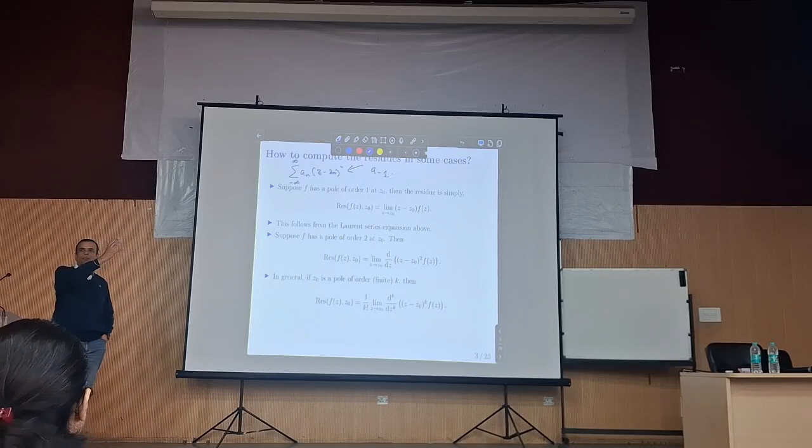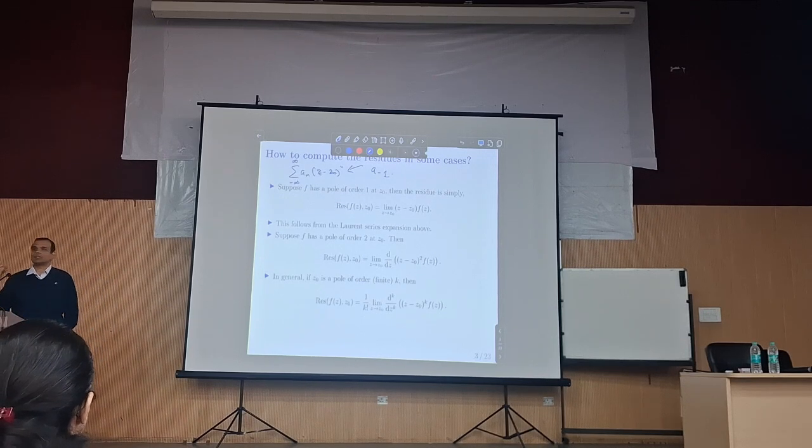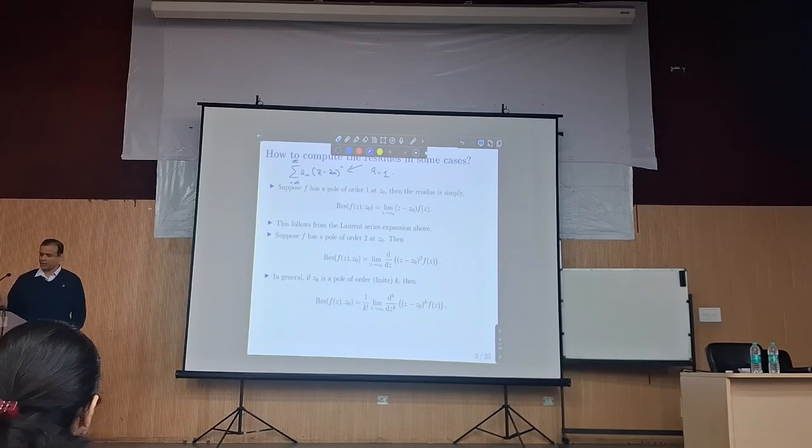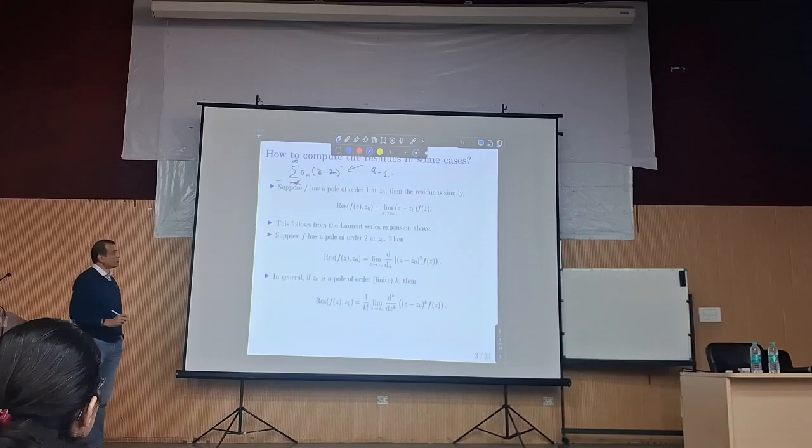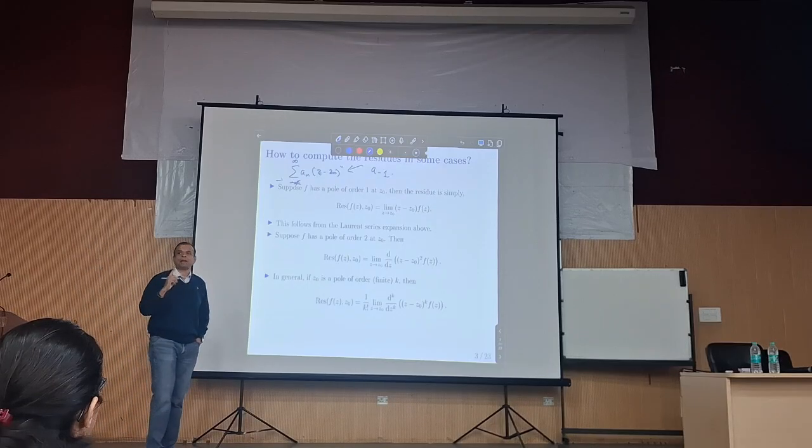Then we say it's a pole, and it's a pole of order given by the highest negative term that appears in the Laurent series expansion. Suppose you already knew that it's a simple pole, that is, a pole of order 1. That is, in the Laurent series expansion, this starts not from minus infinity, but from minus 1. Then all I need to do is find a minus 1.